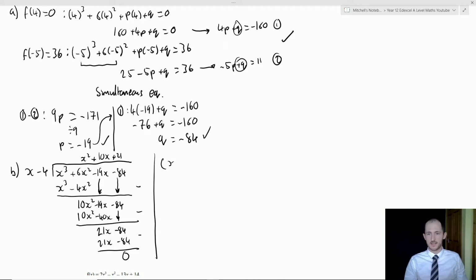So what we're factorizing is x minus 4 and x squared plus 10x plus 21. Okay, and we're looking for two numbers that would times to give 21 and add to give 10. So hopefully you are fine with that. Is anyone unsure of how to do that?